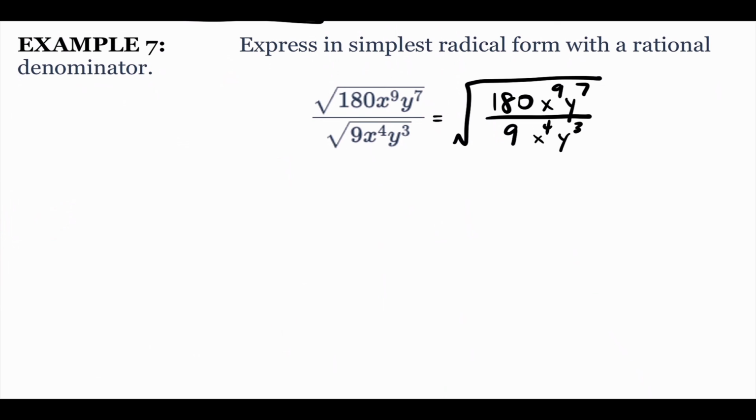Okay. So numbers first. How many times does 9 go into 180? Or how many times can you divide 180 by 9? 20. Good. Okay. Done with those guys. I have x to the 9th on top divided by x to the 4th.